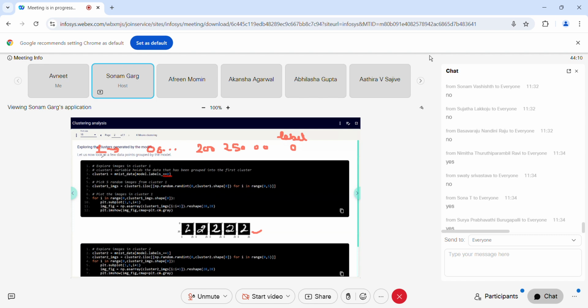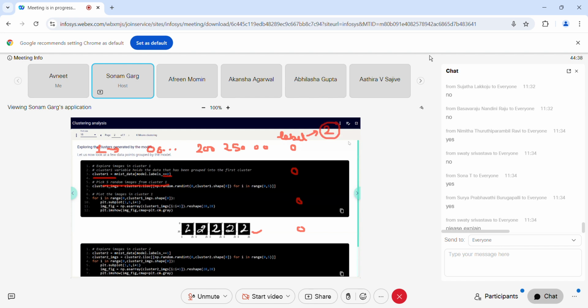Now, we don't know how many images are there in cluster 1, but we know there are a fixed number of clusters. So let's pick 5 random images from this cluster. Here we are referring to all the data points in my CSV file where this label is 0, and label 0 points to digit 2.